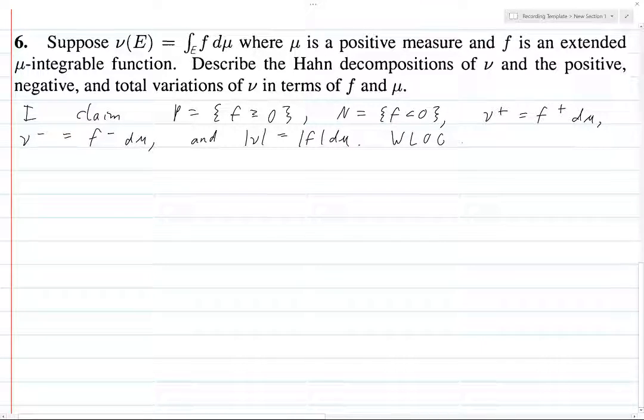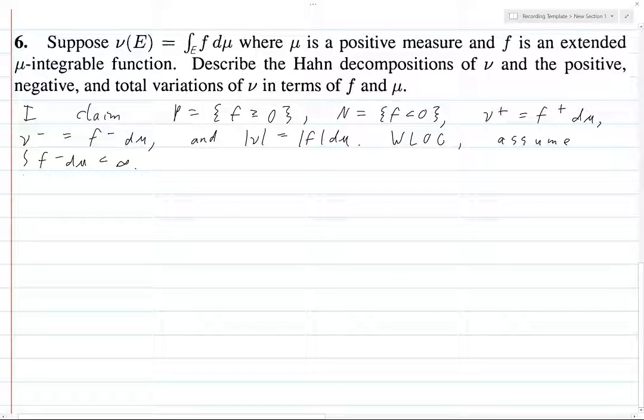Without loss of generality, assume the integral of f minus d mu is less than infinity. Why can we do this? Well, f is an extended mu integrable function, which means that we can integrate f anywhere, and we might get positive infinity or we might get negative infinity, but it's not the case that we can get positive infinity in one region and negative infinity in another region.